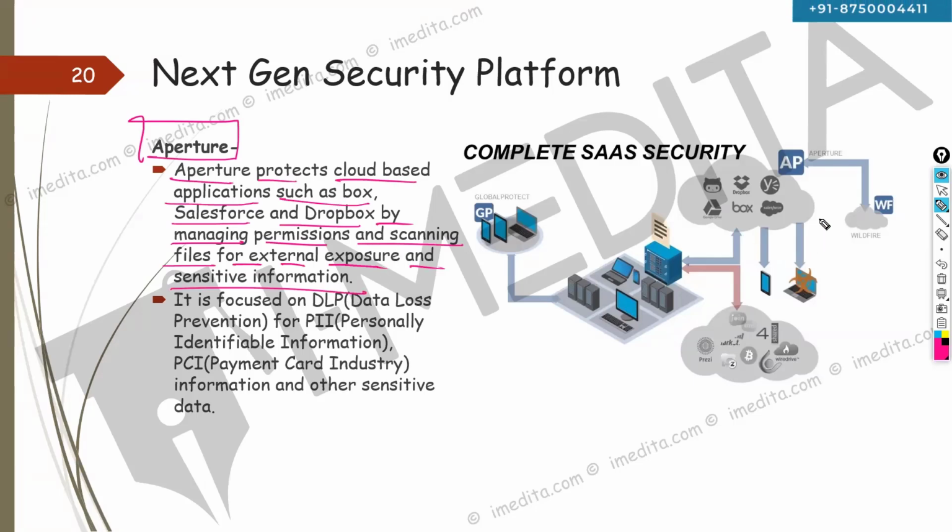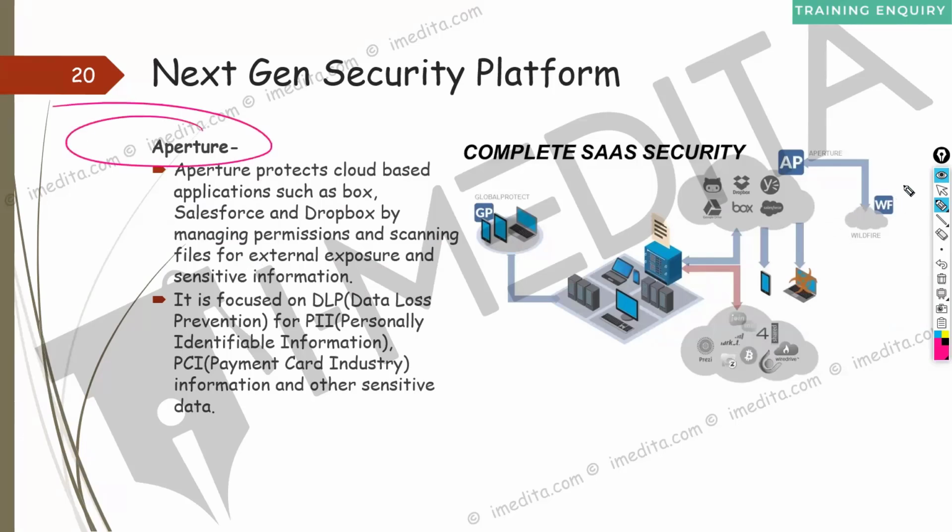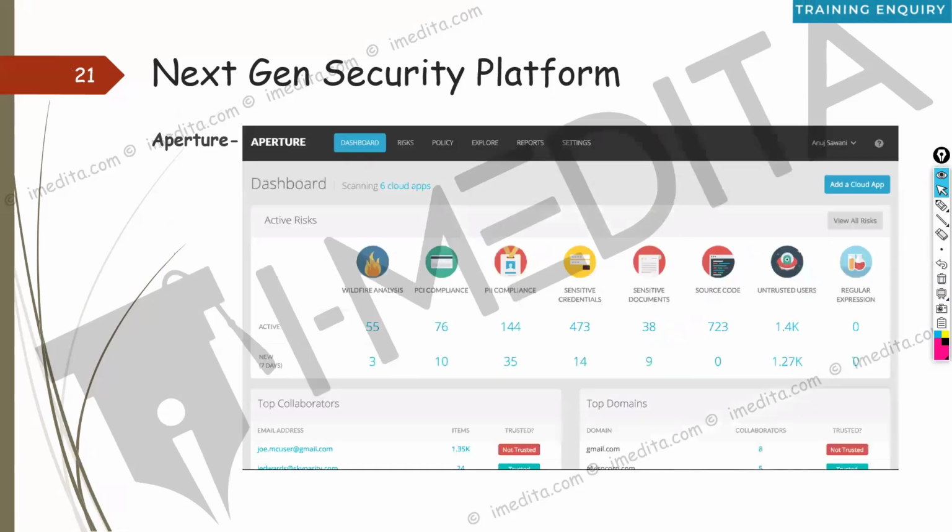If you use software as a service, you will store the data here, so no one else can see it, or if a user is trying to download the data, you can control that with Aperture. Got it or not? So if any company is using a software as a service solution, then they can purchase the Palo Alto Aperture product or service to manage their boxes. The Aperture dashboard will be like this. So no use for us. It is just an introduction.